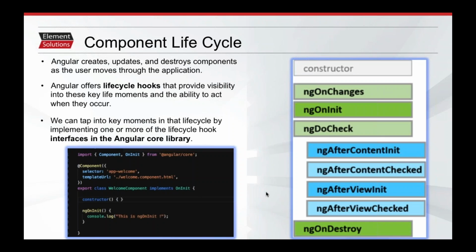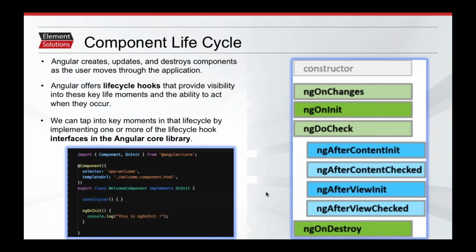For example, on the right side, ngOnChanges, ngOnInit, ngDoCheck, all these are the different phases of the component life cycle. If I want to show some alert when ngOnInit is ready: ngOnInit is similar to document.ready in JavaScript.